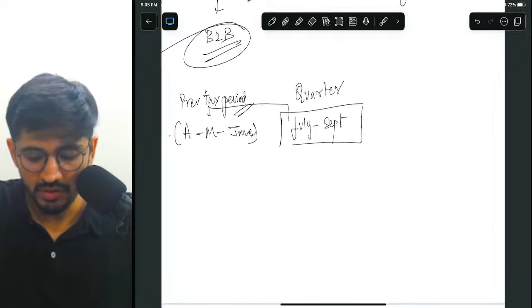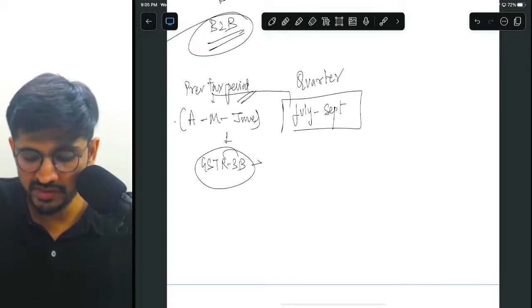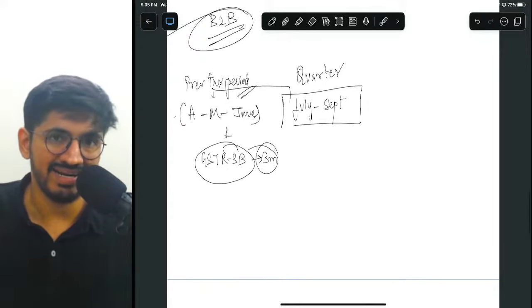So the data that will be captured in 3B will obviously be for 3 months.